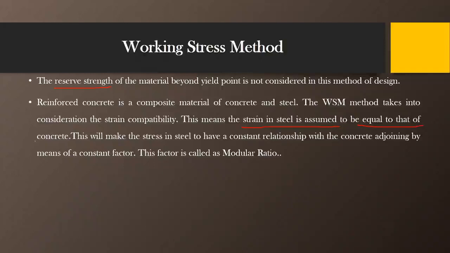So this will make the stress in steel have a constant relationship with the adjoining concrete by means of a constant factor, and this constant factor is called the modular ratio.